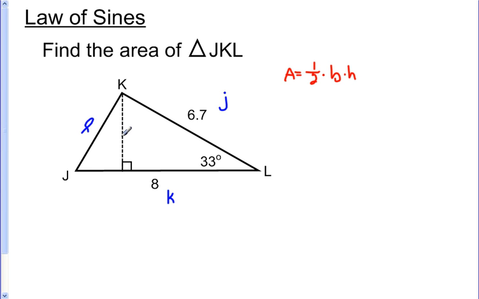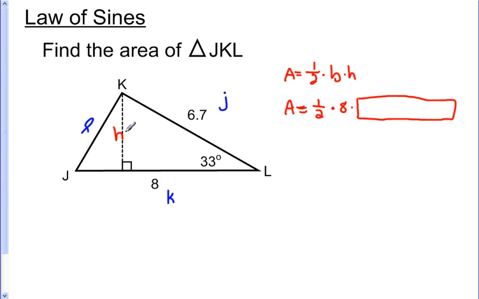That's what we need to figure out. So we'll call this h. And so we'll fill in what we know. Area is equal to 1/2 times the base, which is 8, times the height, which we're going to fill in a little bit here. Let's kind of put a box there.